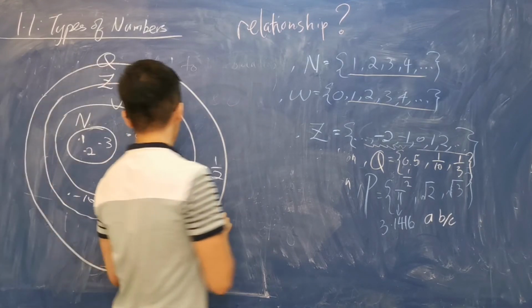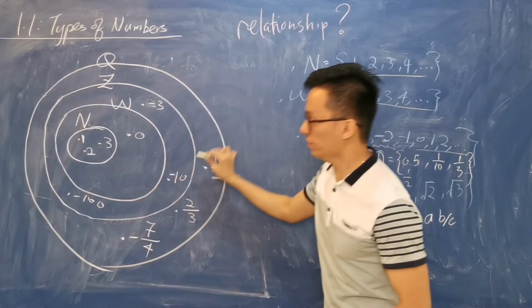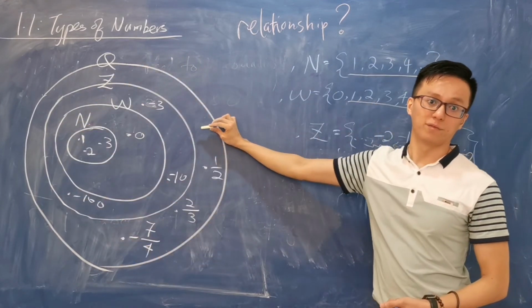So why do we put the integer inside the rational number?